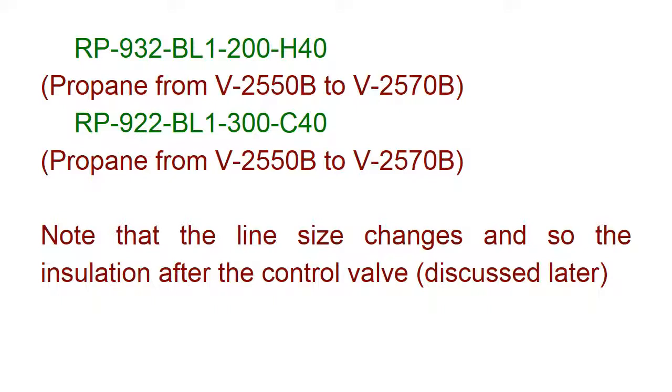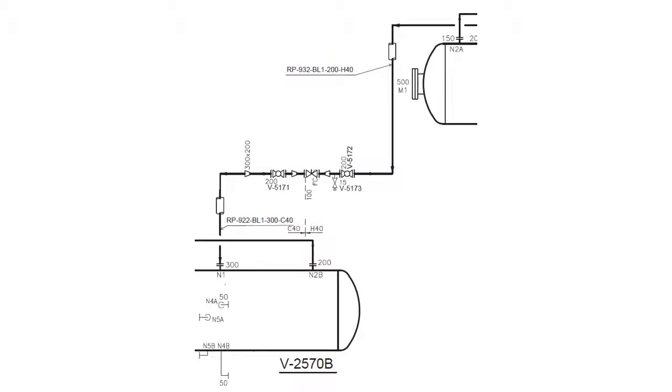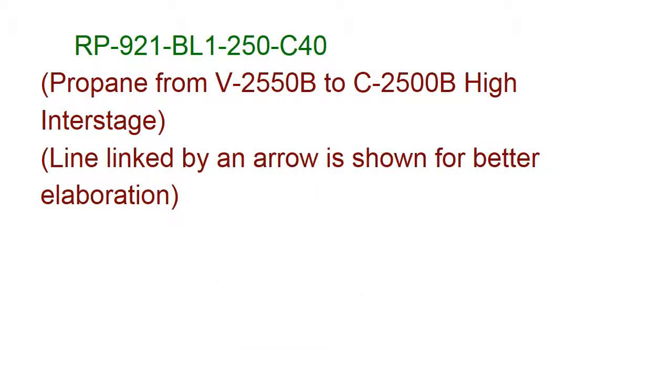RP922-BL1-300-C40, propane from V2550B to V2570B. RP921-BL1-250-C40, propane from V2550B to C2500B high interstage. Lines are linked by an arrow as shown for better elaboration.